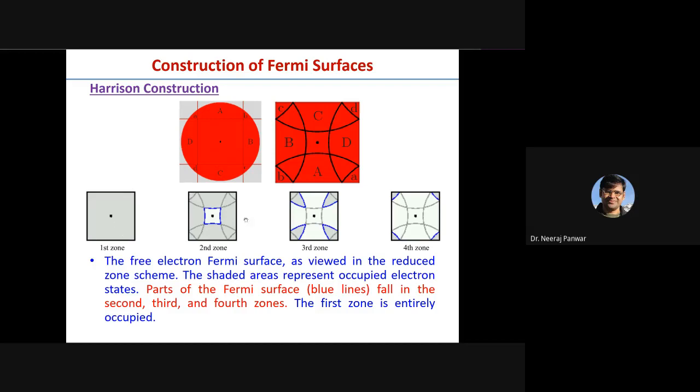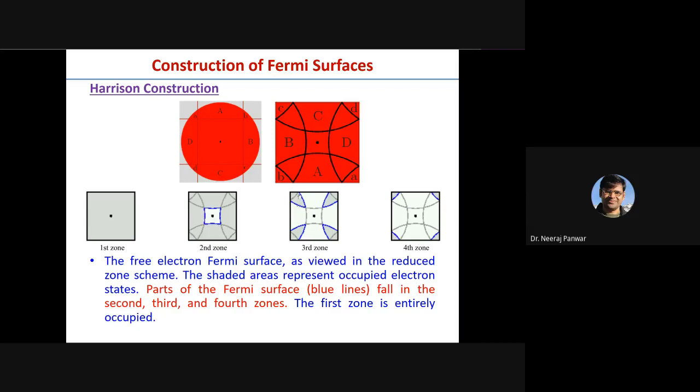And this we have already seen: how we can transfer the part of the Fermi circle or Fermi surface that lies in the second Brillouin zone. This blue line will represent the boundary of the Fermi surface of the second Brillouin zone.